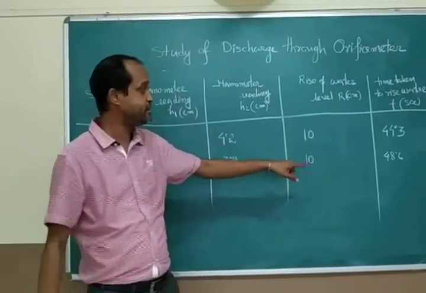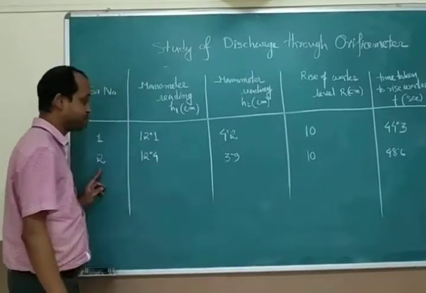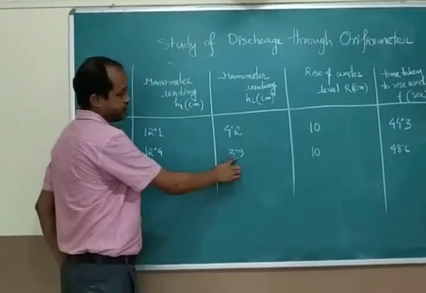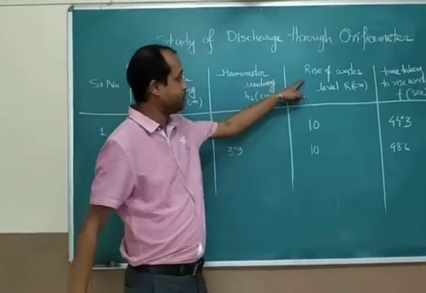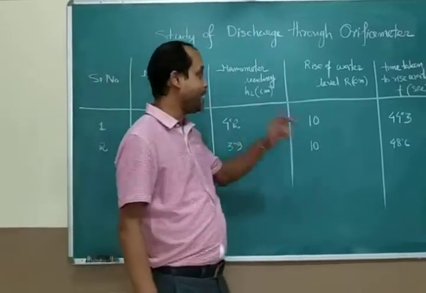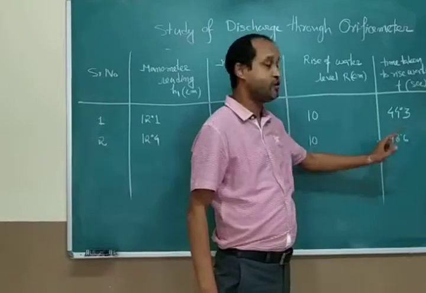For 10 cm, the time required is 44.3 seconds. Similarly for reading number 2, H1 is 12.4, H2 is 3.9. The range of water level is 10, which we consider constant, and the time requirement is a little more, 48.6 seconds.